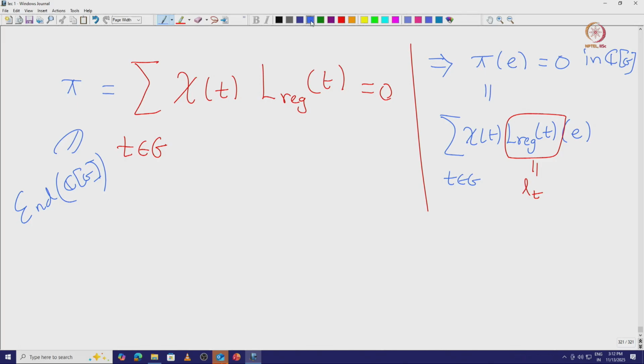So, this sum is exactly equal to the summation of chi of t times t, t in G.